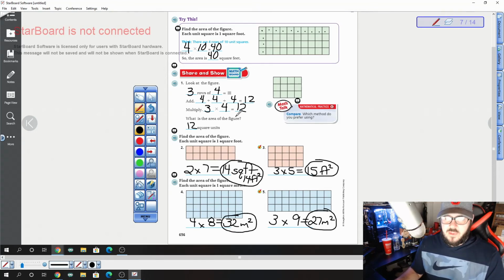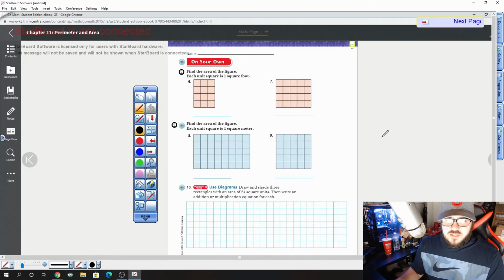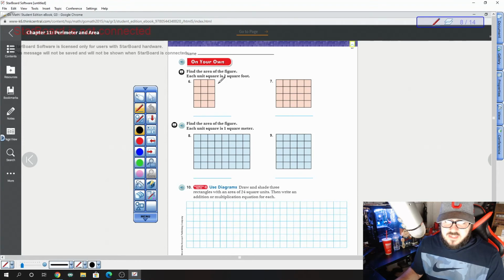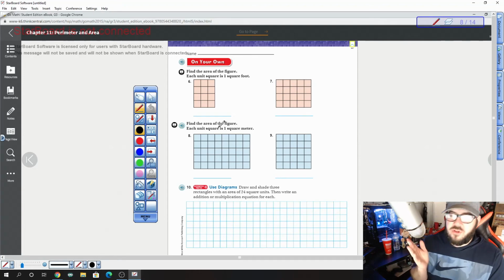Okay? All right. The assignment for this lesson is going to be to do page 657, numbers 6 through 10, for 6, 7, 8, and 9. You're going to do the method that I just showed you. You're going to multiply to find the area. So make sure you count the rows first. That's your first number, multiplied by how many is in each row.